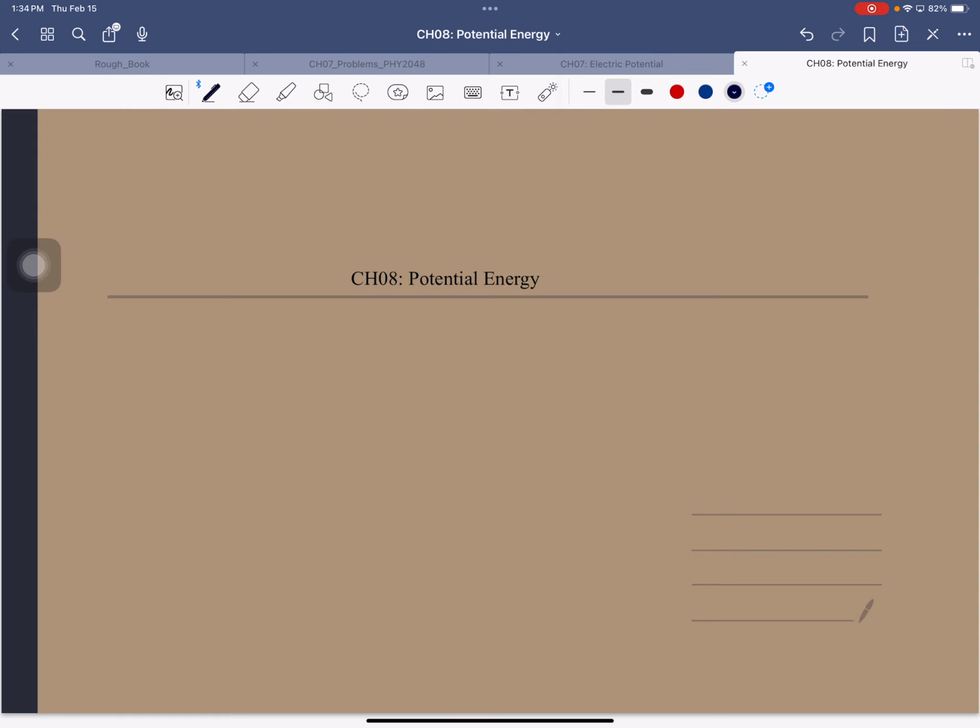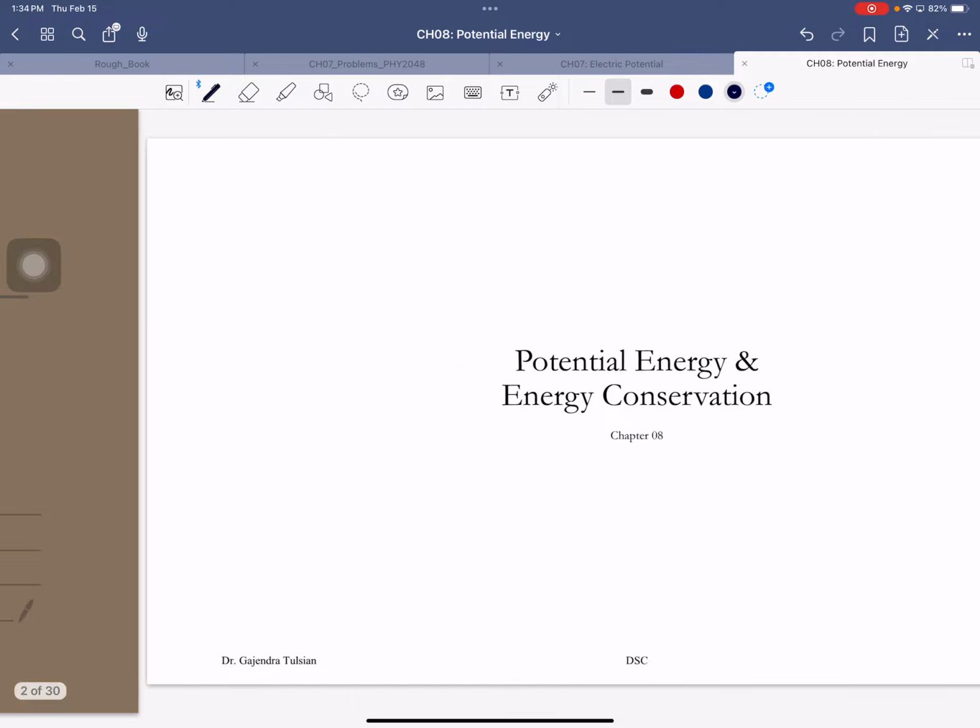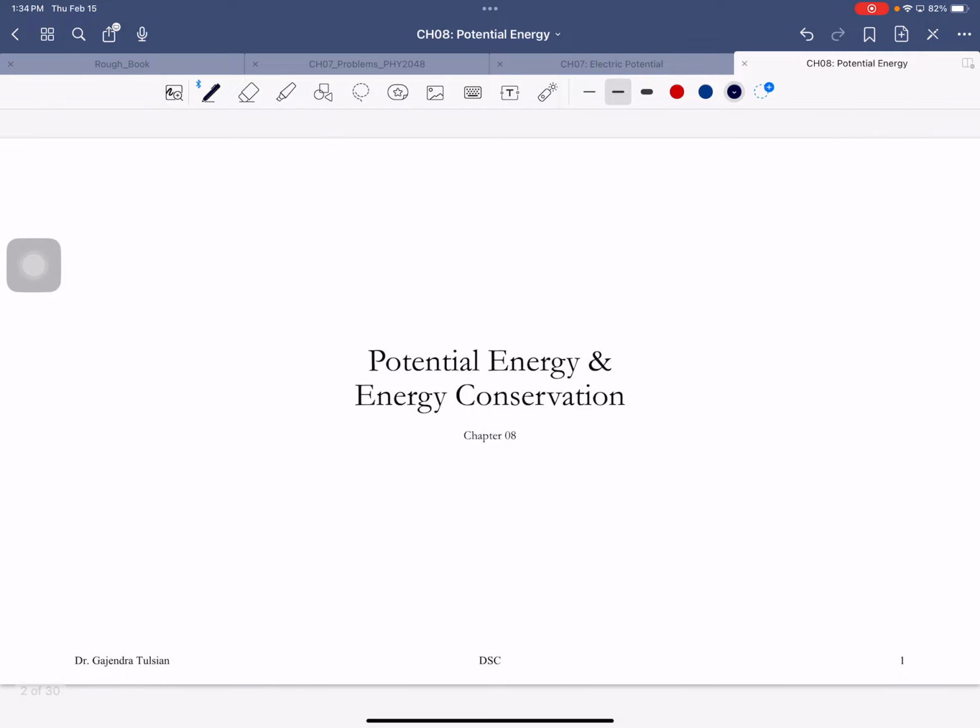So let's go over the slides. I hope you don't get confused, but we'll try and make it simple. When can you talk about potential energy? When you have conservative forces. And there are only two that you will deal with, gravity and spring force.